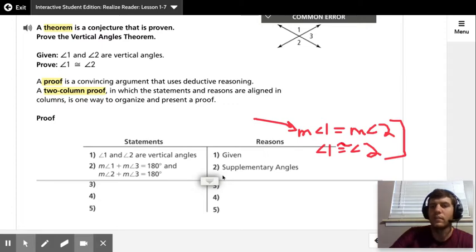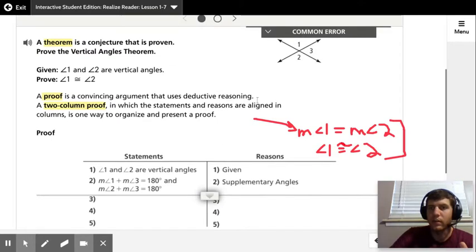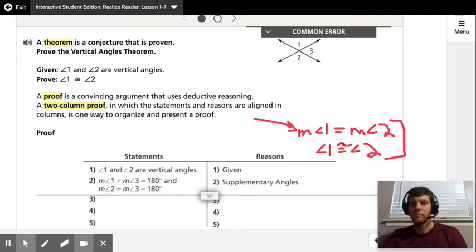And then you would use the definition of supplementary to say that their measures add up to 180. They're skipping those three steps and going straight to saying the measure of angle 1 plus the measure of angle 3 equals 180, and the measure of angle 2 plus the measure of angle 3 equals 180. That's fine.